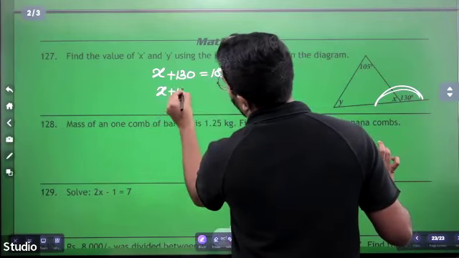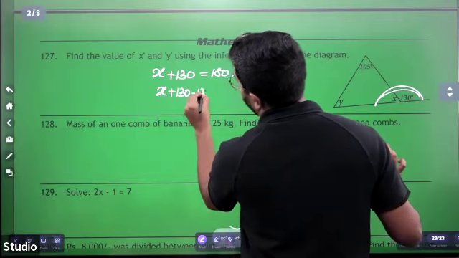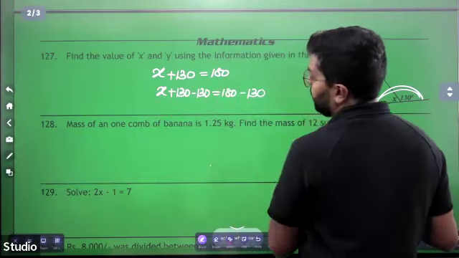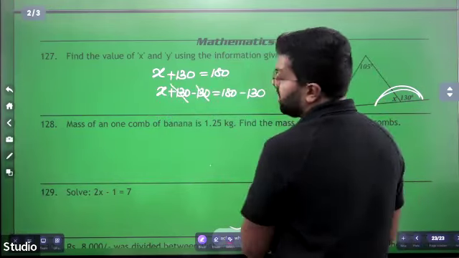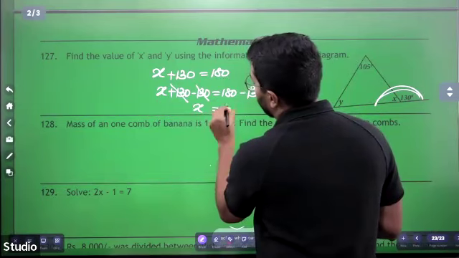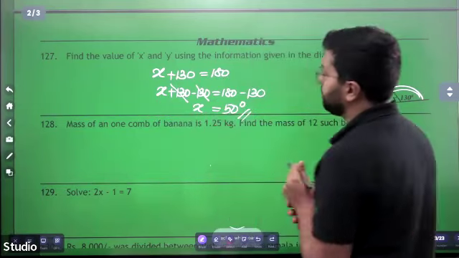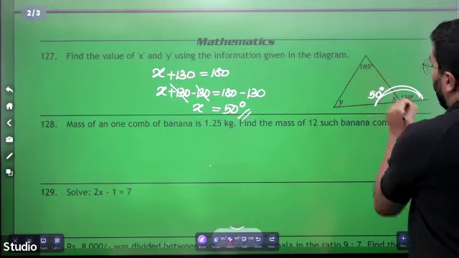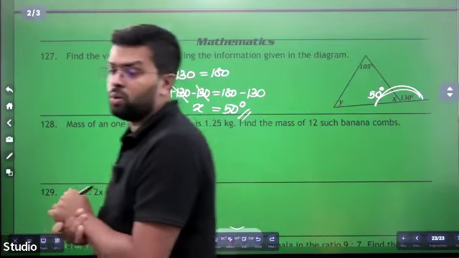So x plus 130 minus 130 equals 180 minus 130. Cancelling 130 with minus 130, the value of x is equal to 50 degrees. Clear? Right. We know the magnitude of angle x as 50 degrees now.